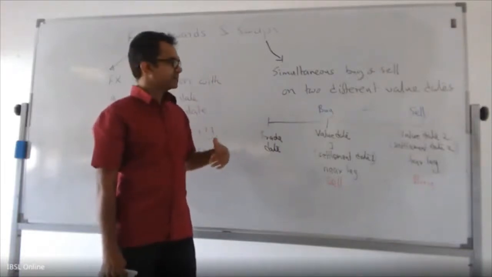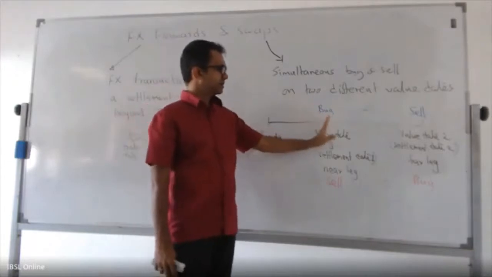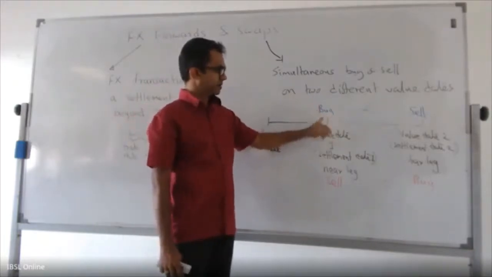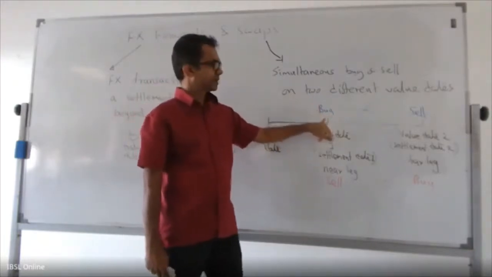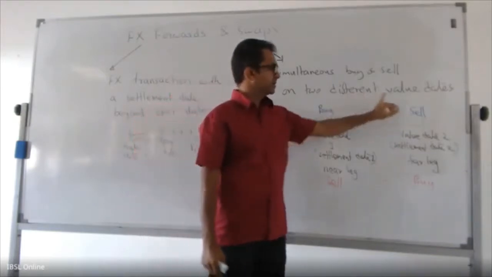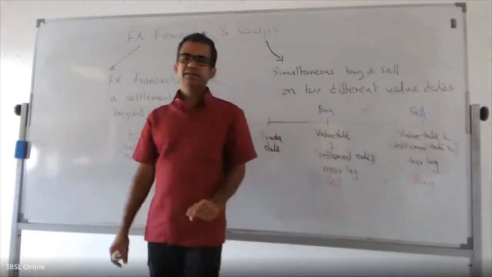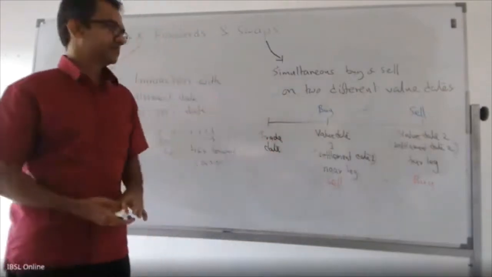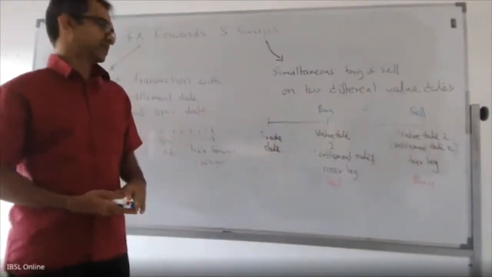From a particular party's angle, in the near leg that party buys foreign currency, or generally base currency, and in the far leg that party sells base currency.